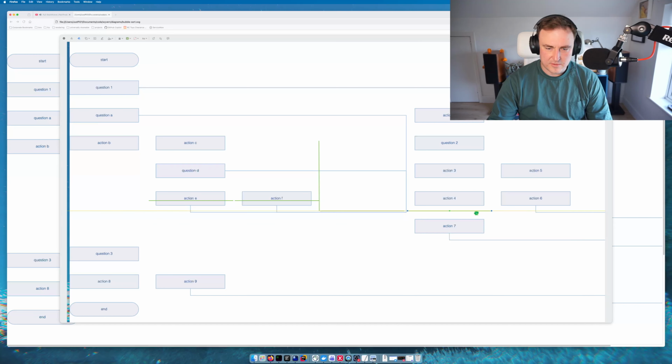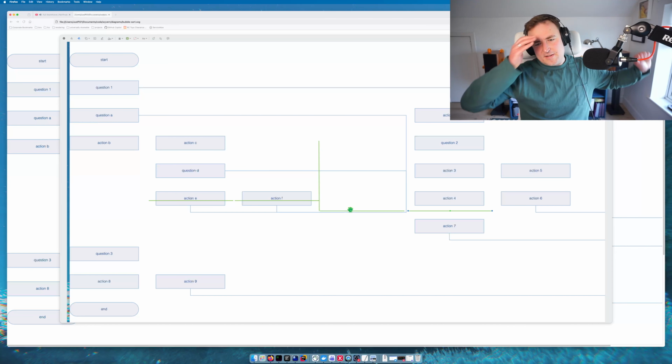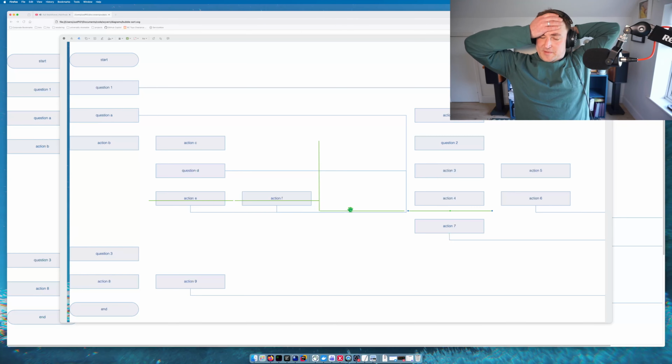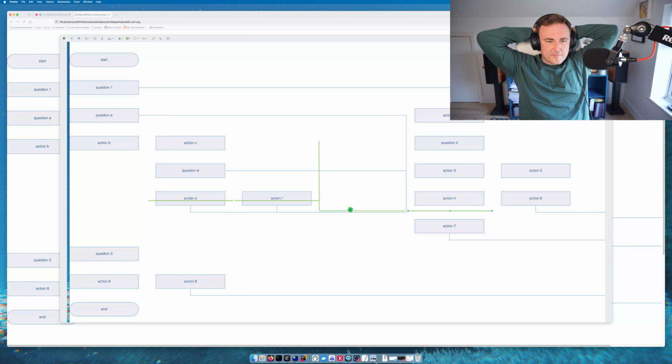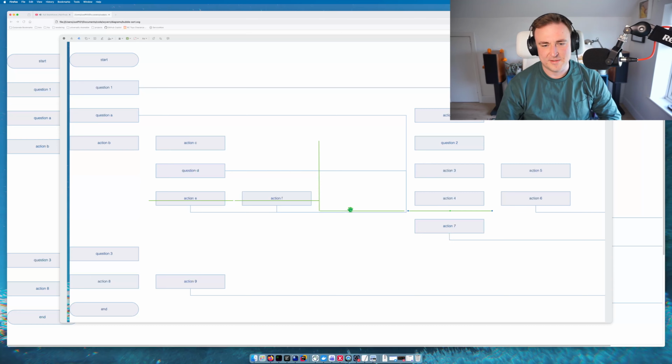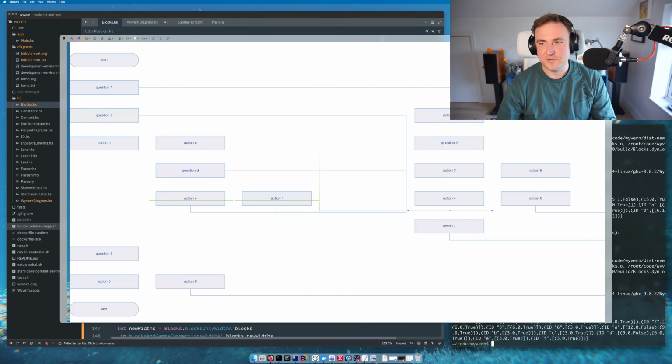Yeah, according to my calculations, this should be the spot for the second connection. Yeah, so we discovered the problem with the max width. I'm going to save it, but after the recording is over.